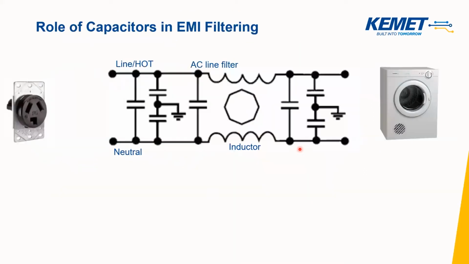Now let's move on to the role of capacitors in EMI filtering. Let's say we have a line here, which is full of these distortions and these transients. And at the output, we want this beautiful looking sinusoidal waveform to go and feed the load in the washing machine.